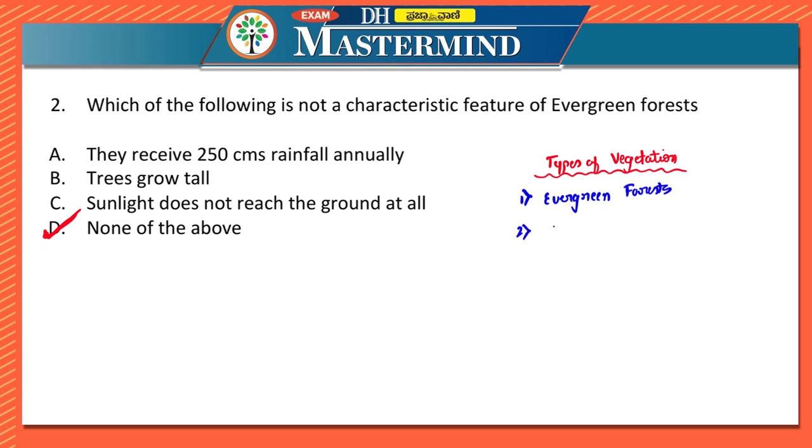Second one is deciduous forests. Third one is mixed forest, deciduous and evergreen, mixed forests. Fourth one you have grasslands and shrubs. This is types of vegetation when it comes to Karnataka.